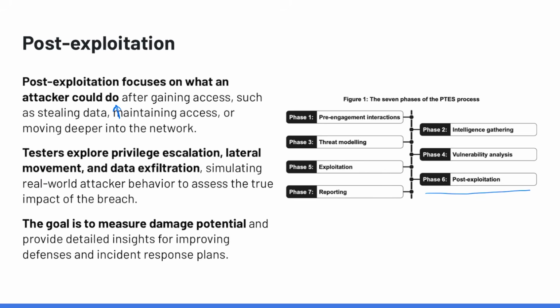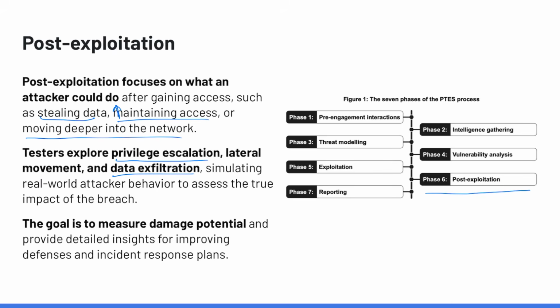So we're focusing on what the attacker could do, and this could include things like stealing data, gaining access, or moving deeper into the network and getting access to different devices within the network itself. How possible things are like privilege escalation, data exfiltration. This is really kind of a repetition of this, right? So getting higher levels of access and getting data out.